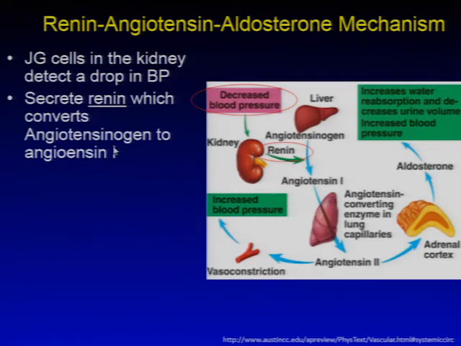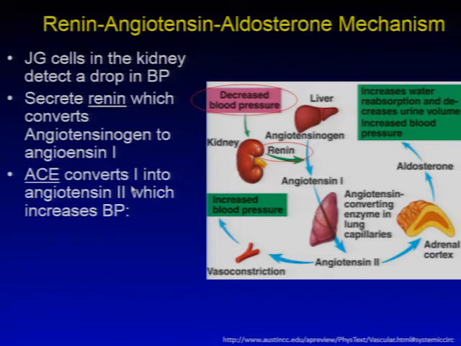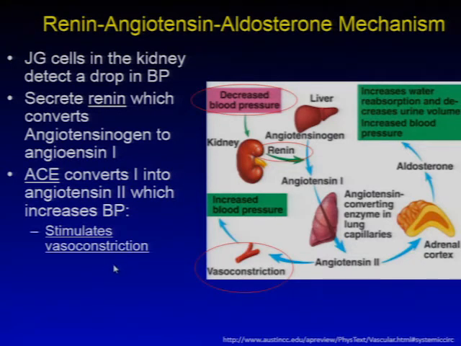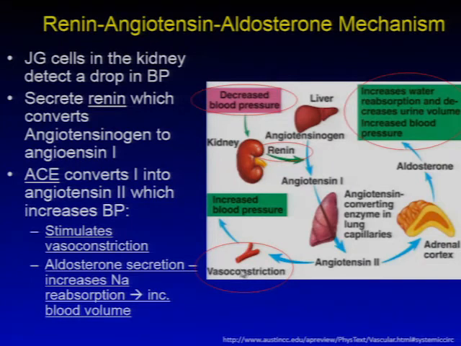Then renin converts angiotensinogen to angiotensin 1. The ACE, or angiotensin converting enzyme, which is actually located within the lung, converts 1 into 2, which will lead to a direct increase in blood pressure by stimulating vasoconstriction, as well as lead to aldosterone secretion from the adrenal cortex.